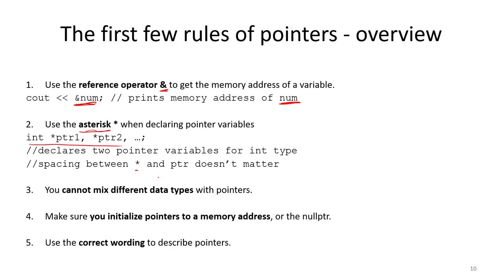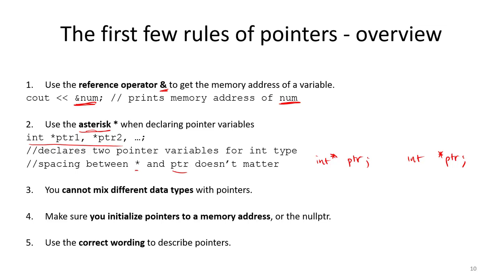Notice that the spacing between the asterisk and the name ptr does not matter. Some people will do int star ptr, some people will do int star ptr. Either is acceptable.